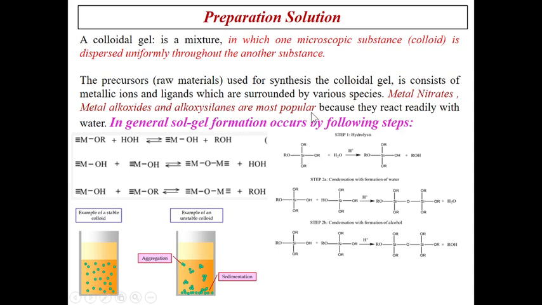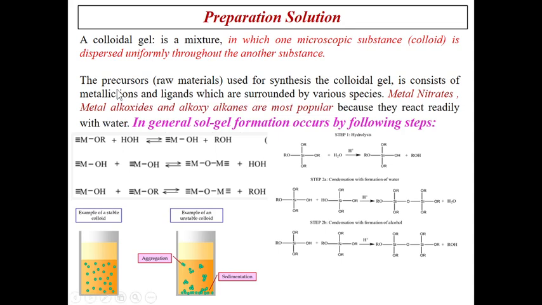Metal alkoxides are the most popular because they react readily with water. So metal oxides and alkoxides are most popular to prepare the sol gel. Okay, because they easily react with water molecules.